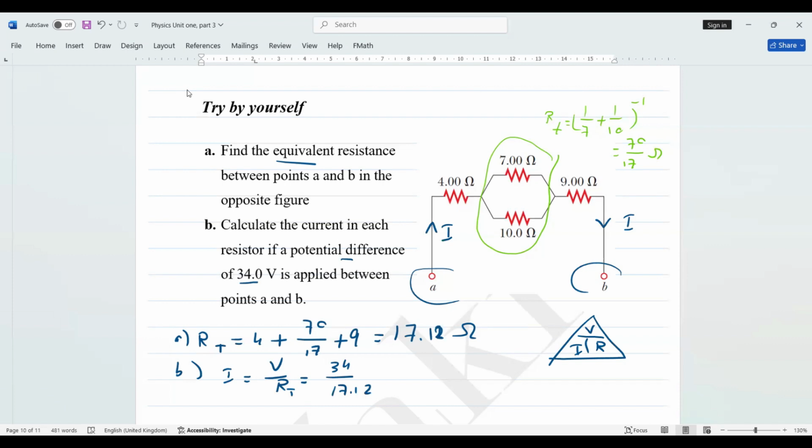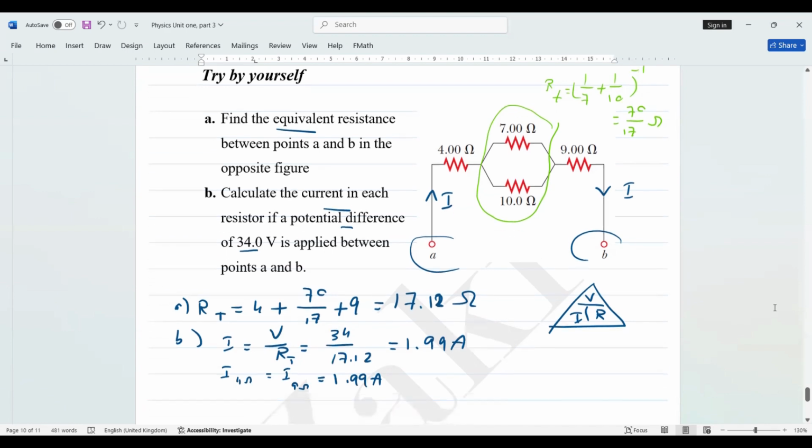So it's 1.986, 1.99 ampere. Then the current in 4 ohms equals the current in 9 ohms equals 1.99 ampere. What about the current in 7 and 10?